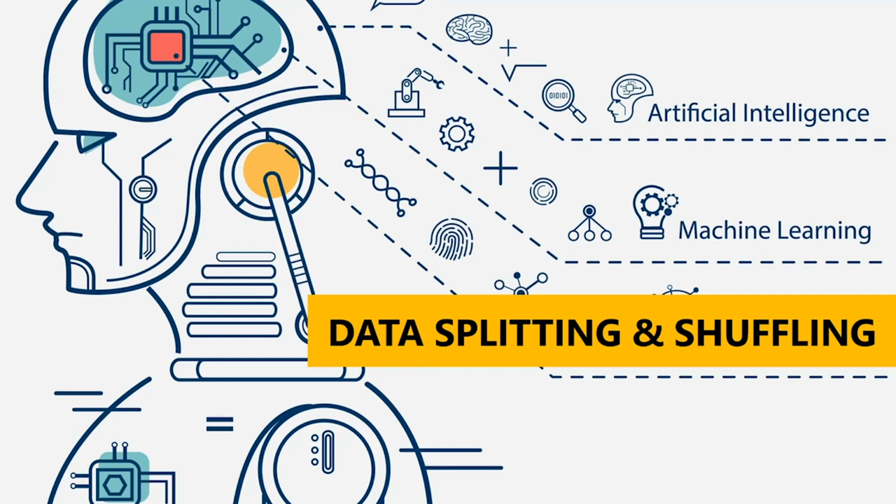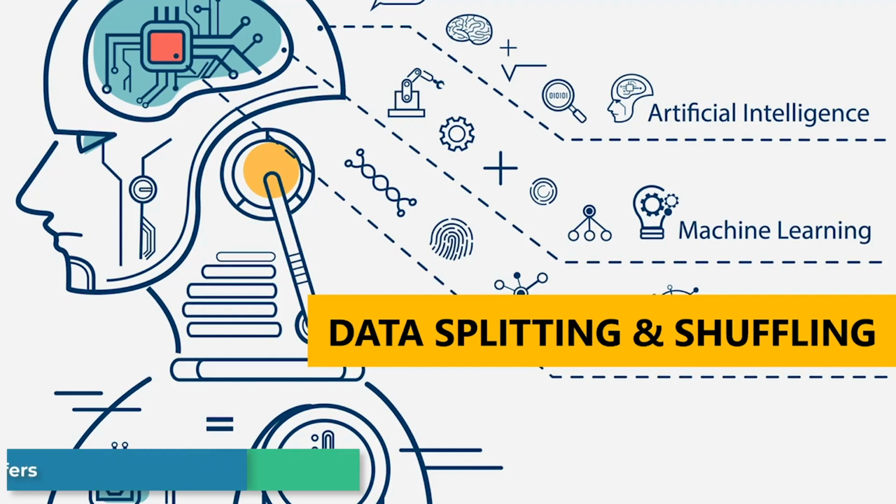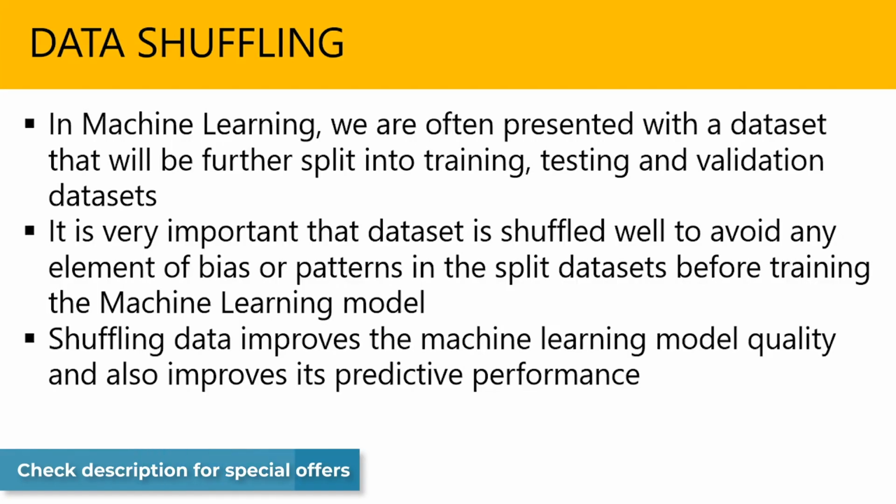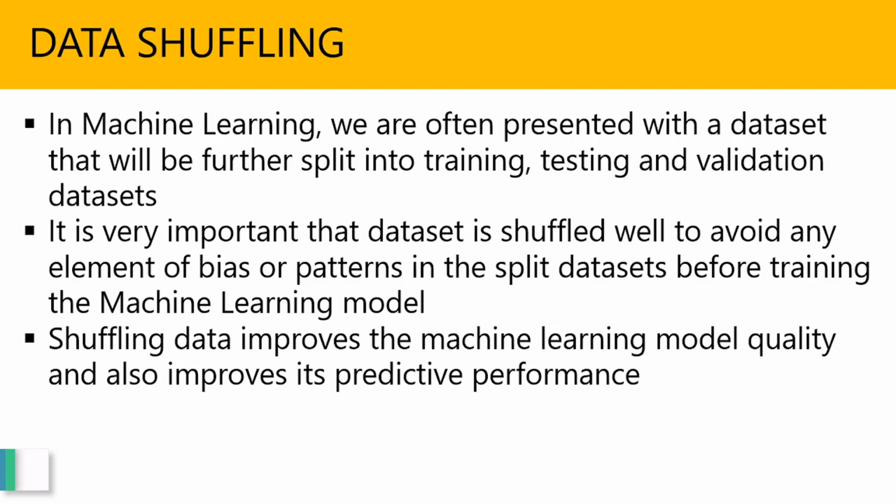So right now, we're going to talk about data splitting and shuffling and why it's important in machine learning. What is data shuffling? Within the machine learning arena, we're often presented with a data set. So you have a bunch of data, you have raw data, you have data sitting in repositories across the enterprise, right?